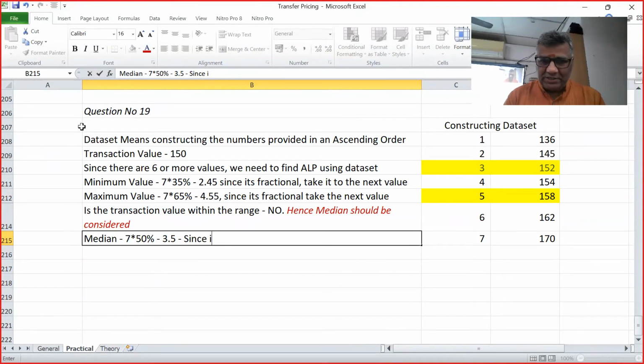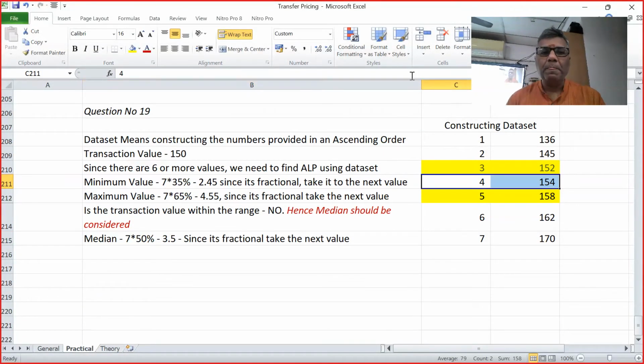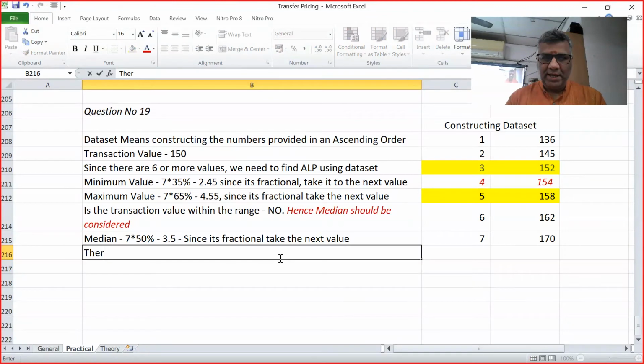Since it's fractional, take the next value. Therefore, ALP is 154.